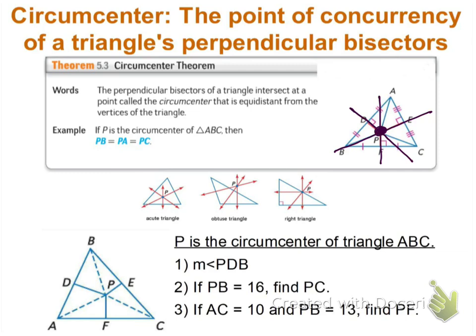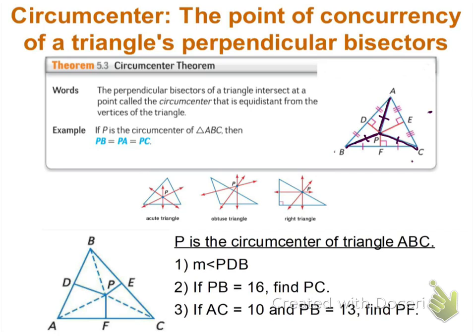And so what we know with this circumcenter is that PB, PA and PC are all going to be equal. What's special about those is that it is the distance to each vertex, and so those distances are all going to be the same.